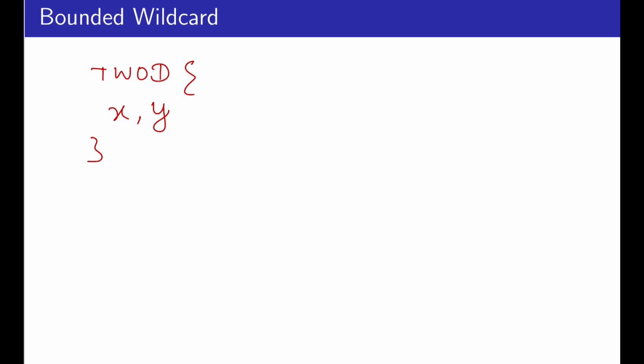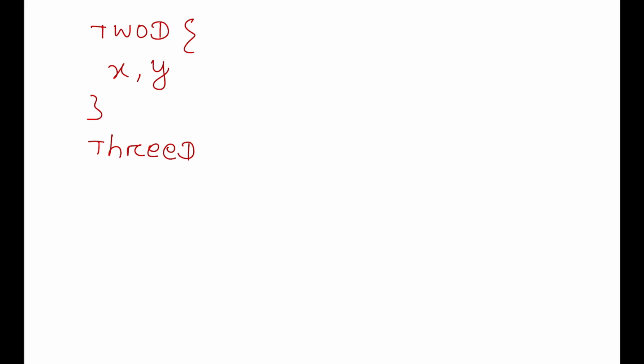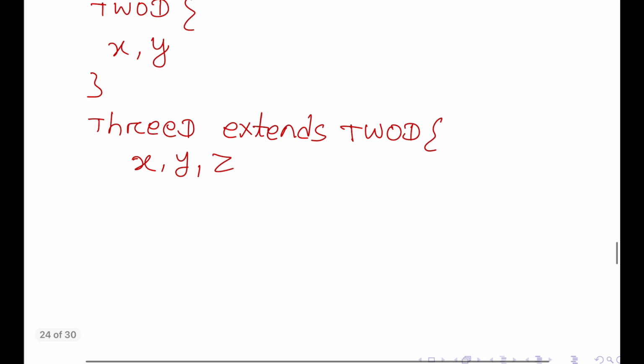Now consider we have another class, 3D. 3D is a subclass of 2D, so we can write 3D extends 2D, and assume it has three instance variables x, y and z to store the x component, y component and z component of a coordinate.